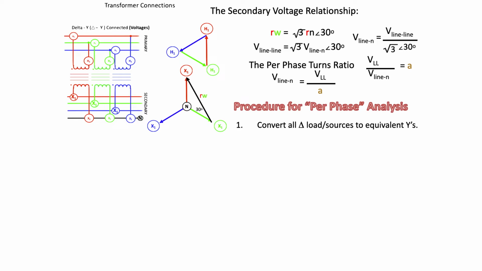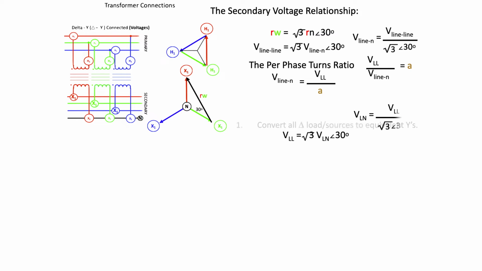So we can do that, as I said, by having a hypothetical neutral, and we can come up with the equation that the line-to-neutral voltage on the primary is equal to the line-to-line voltage at minus 30 degrees all over root 3.